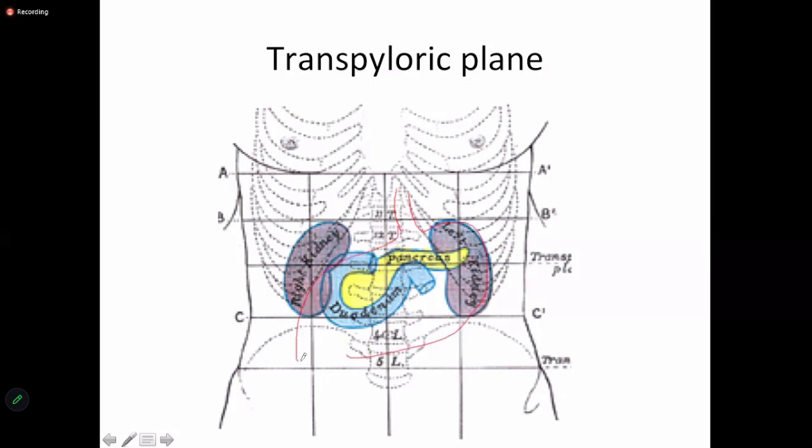Sorry, stomach bed. The lesser sac is between the posterior wall of the stomach and the pancreas and things, right? So that's the stomach bed, no? So remember those little relations, right?